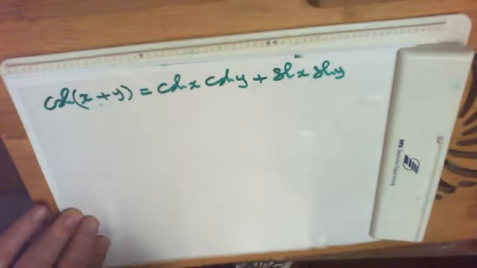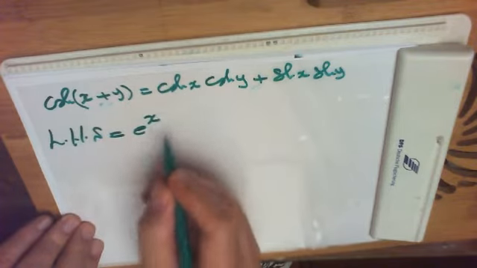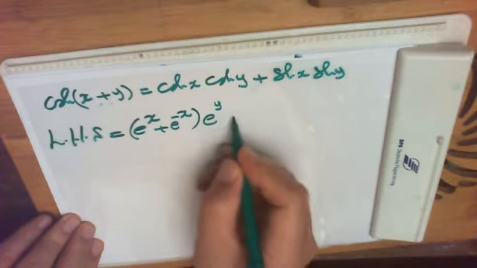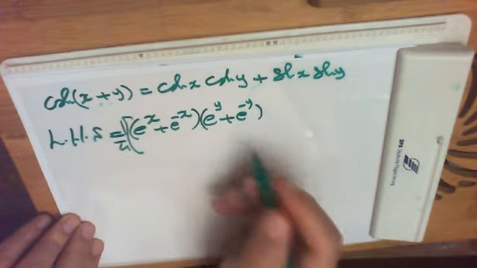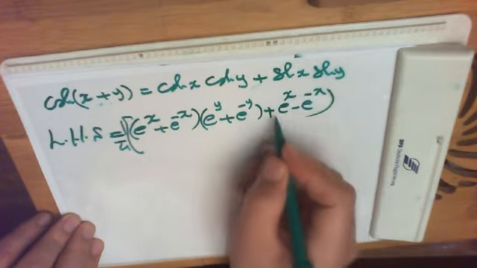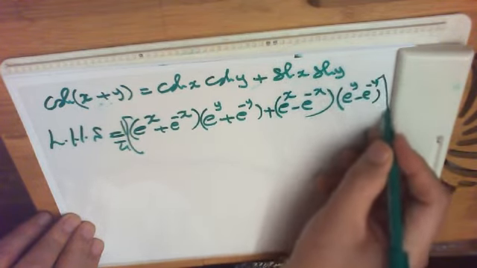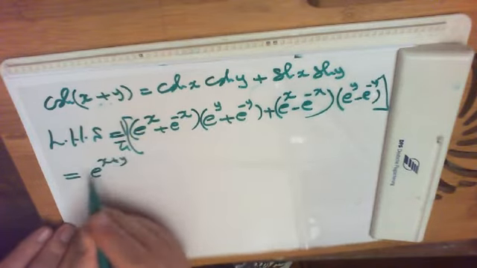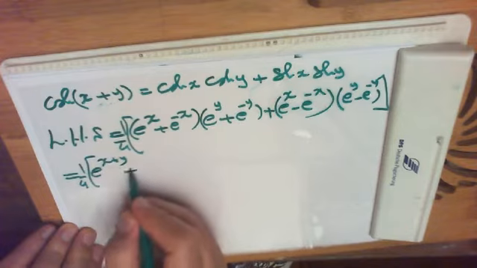Okay. Left hand side equals e to x plus e to minus x times e to y plus e to minus y, also 1/4 divided by 2, plus e to x minus e to minus x, this is the definition of sinh, times e to y minus e to minus y. Okay, let us simplify. e to x times e to y is e to x plus y. e to x times e to minus y is e to x minus y.